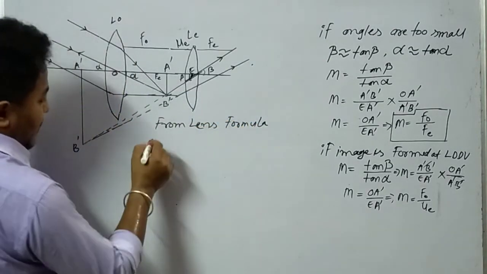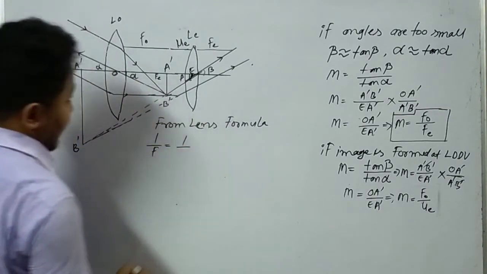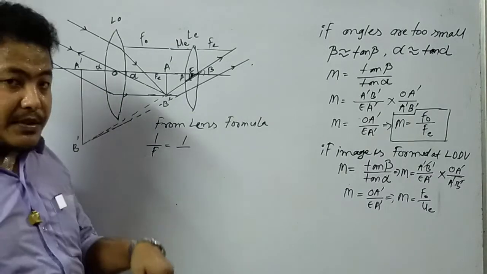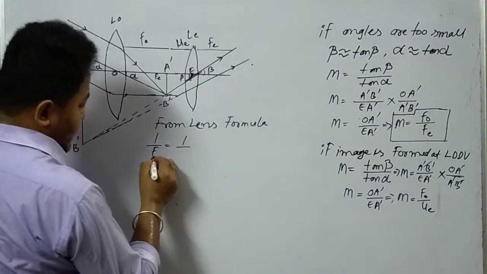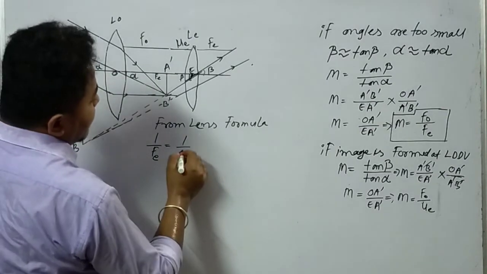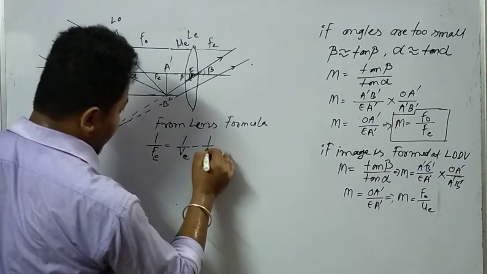What was lens formula? Lens formula was 1 by f is equal to 1 by v minus 1 by u, but this will be for eyepiece, as you are finding this image for eyepiece. It is 1 by fe is equal to 1 by ve minus 1 by ue.